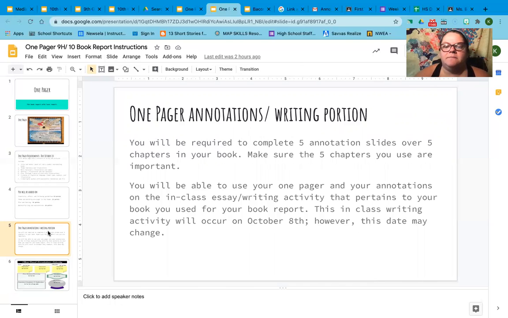Okay. The in-class writing activity will be a separate grade from the book report itself, but it will be related to it, and that will occur on October 8th. And it might change depending on our circumstances with the in-class or distance learning coronavirus stuff.